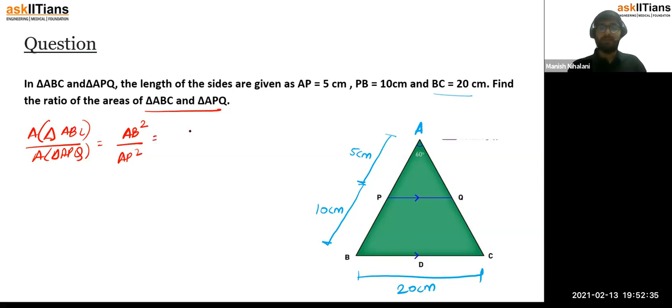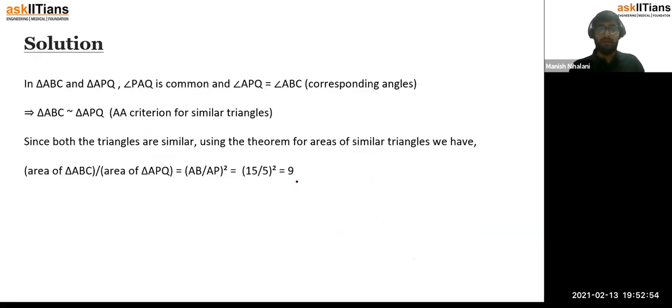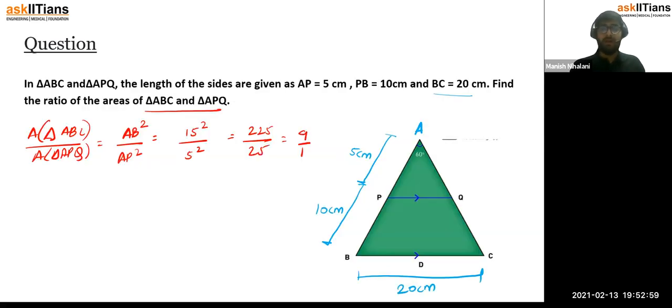AB would be 10 plus 5, which is 15. So 15 square, and AP would be 5, so it's just 5 square. So it's 225 upon 25, which is 9:1, right? So the ratio is 9:1 or just 9. Therefore, if the triangles are similar, we can clearly say that the ratio of areas is equal to the ratio of squares of their sides, right?